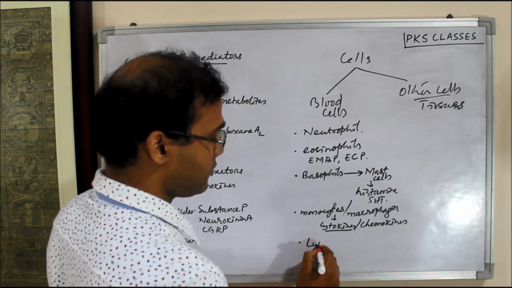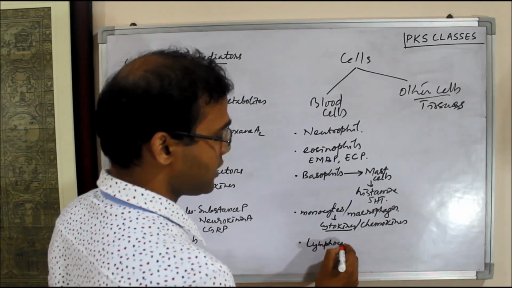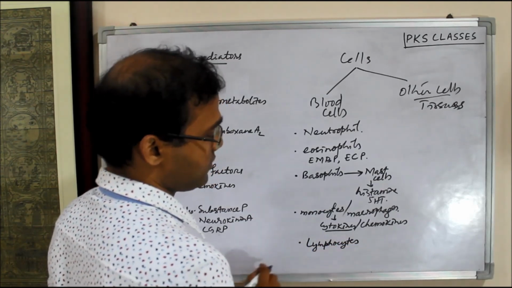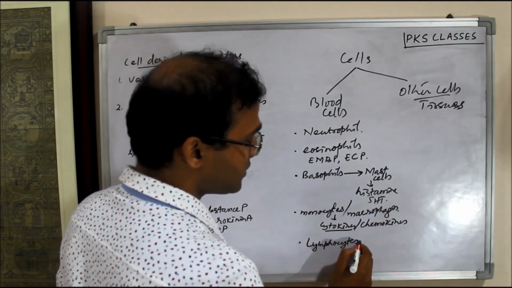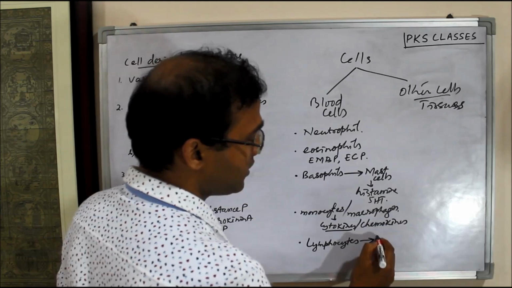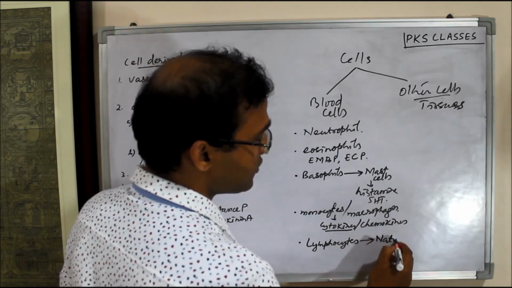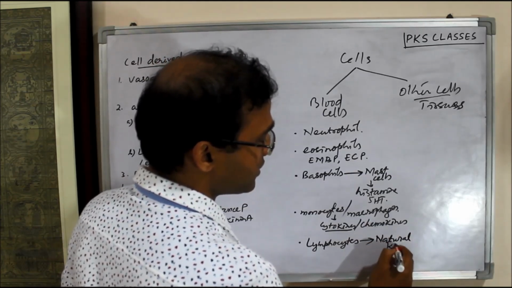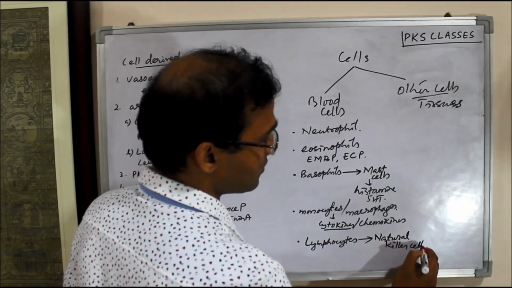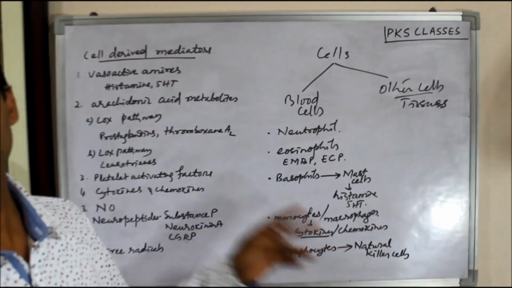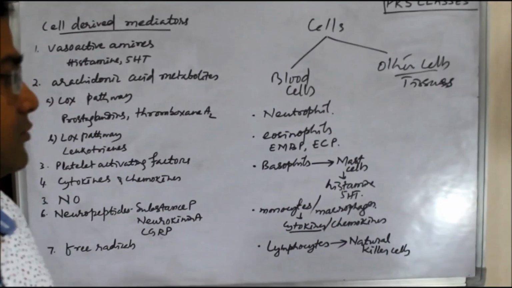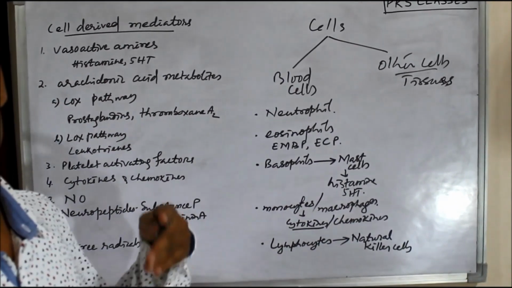and those released from the lymphocytes are called lymphokines, so cytokines can be monokines and lymphokines. Some of the lymphocytes can be converted to natural killer cells. They kill the infected cells or the cancer cells.